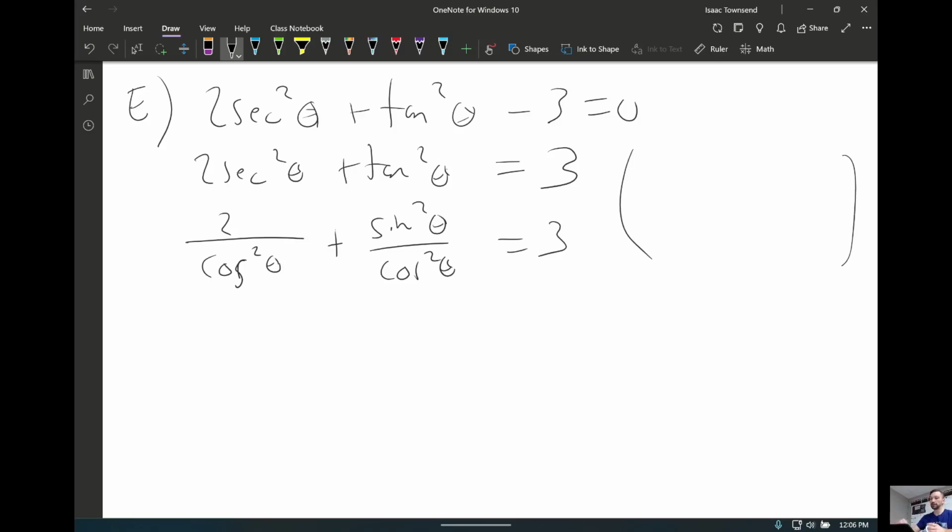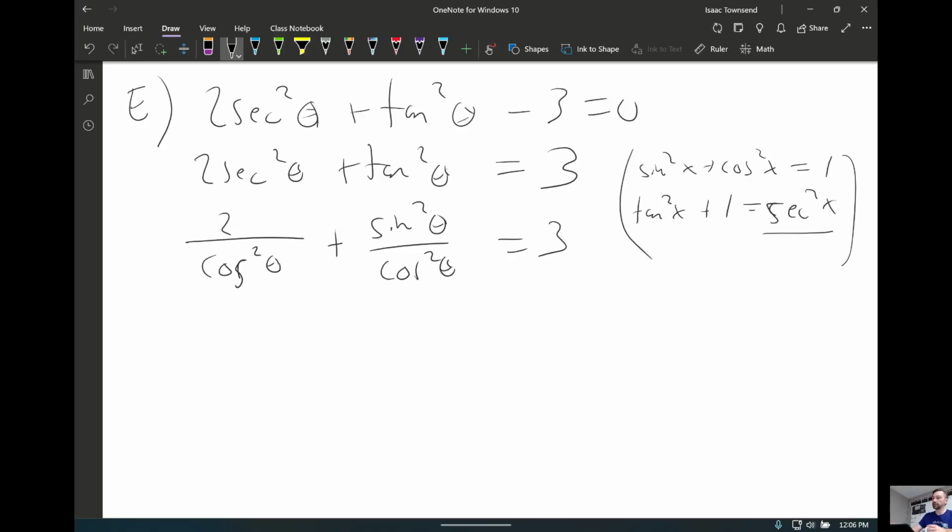I was thinking nothing wrong with this, and this might end up being easier, but in my head I was thinking about the first Pythagorean identity, and if I divide everything by cosine squared, it looks like this.